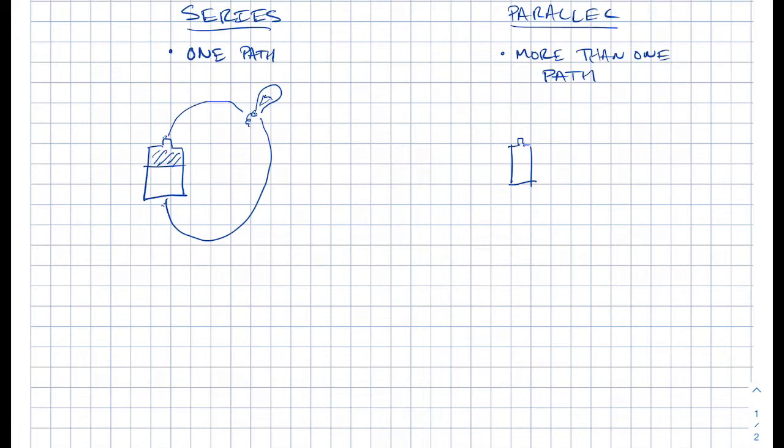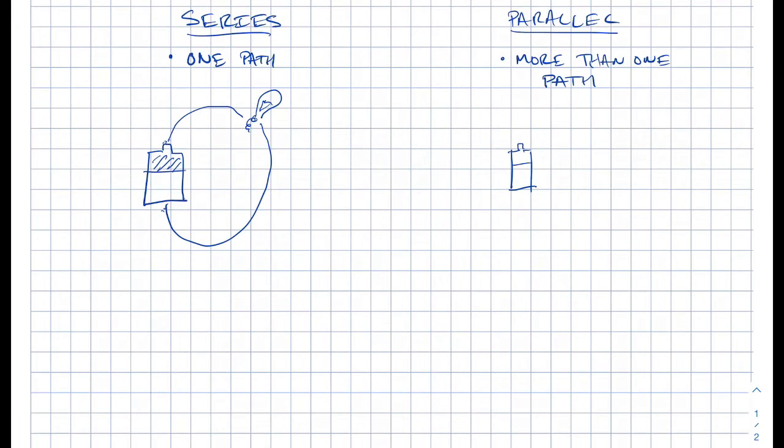If I were to do the same thing over here with the parallel circuit, it would have to be a little bit more complicated because I have to have more than 1 path. So I have a path to 1 light bulb on one side and a second path to the other side of the battery through another light bulb. And so we'd have something that looks sort of like this. Well, this brings up some problems, really, because these drawings are terrible.